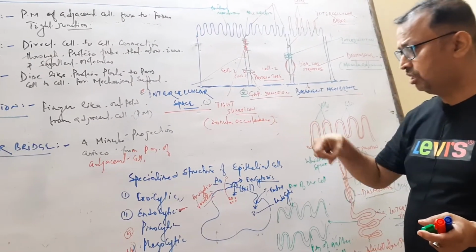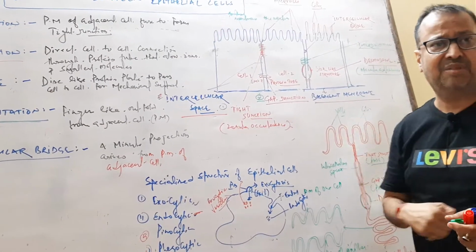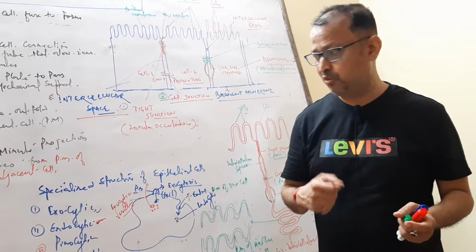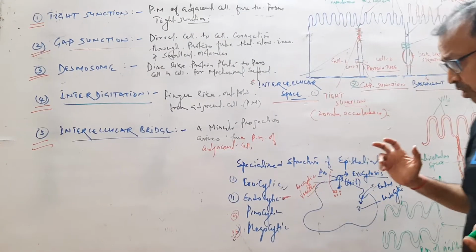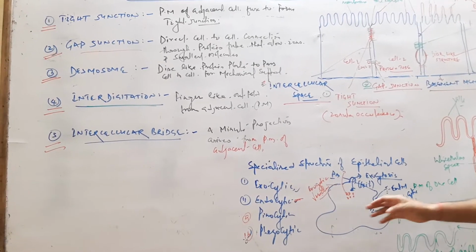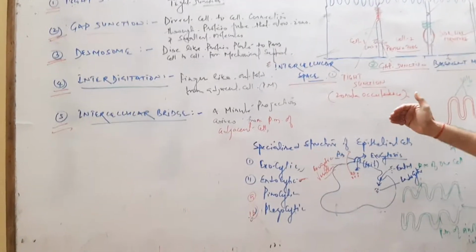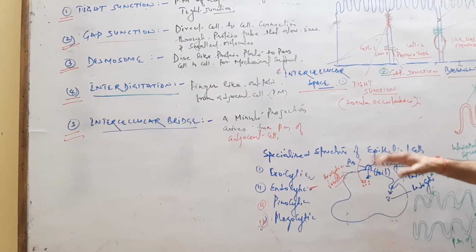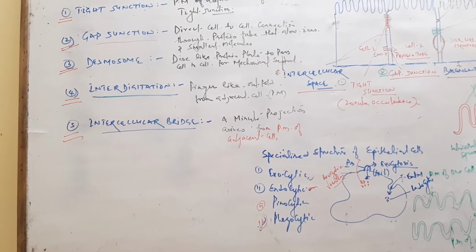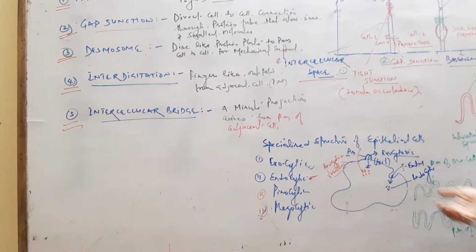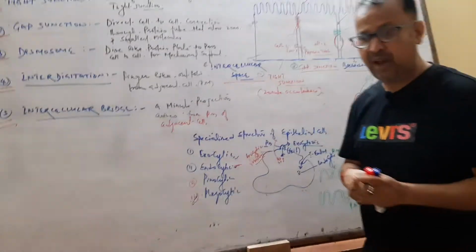There is a change in the configuration of the plasma membrane to receive the substance, and the substance comes into the cytoplasm. There are two categories of endocytosis: pinocytosis, which receives liquid substances, and phagocytosis, which receives solid particles. This is all about the specialized structures as well as the junctions of the epithelial cell.